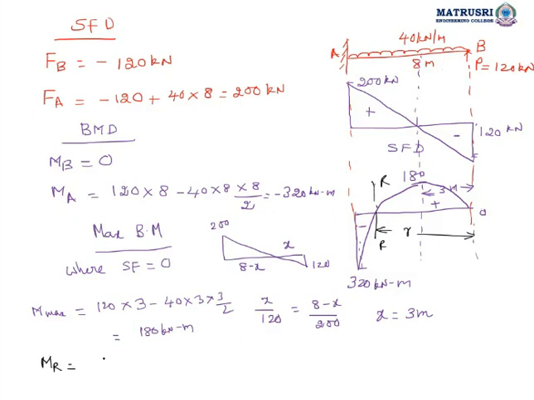MR means 120 into R, that is P into R, anti-clockwise positive, minus 40 into R by 2, because this is clockwise, and clockwise is negative.